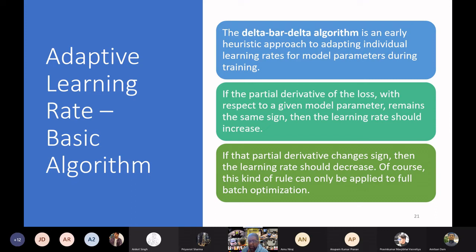Of course, this kind of rule can only be applied to full batch optimization, when instead of stochastic gradient descent we are using the full batch for optimizing. This is very similar to what we just described: when the gradient is changing in the same direction, we will increase the amplitude. When it is changing direction, we will decide that we should slow down the change, so we'll reduce this parameter, and we'll do it for each individual parameter.